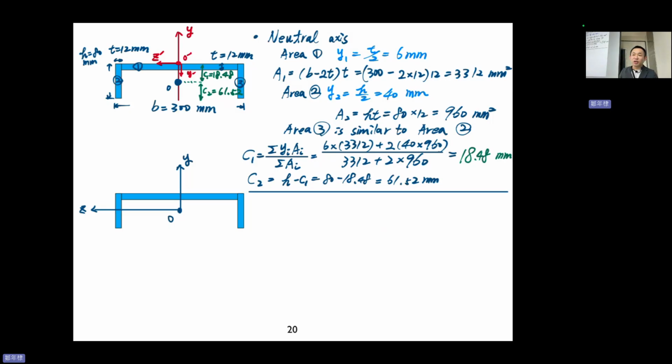So you can see how difficult, how complicated Chapter 5 is.